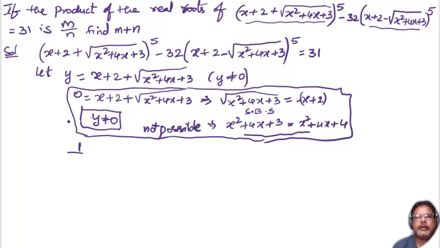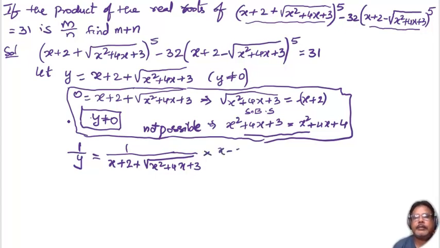So let us take 1/y. I want to make it a conjugate. 1/y means 1/(x + 2 + √(x² + 4x + 3)), and we are rationalizing it.